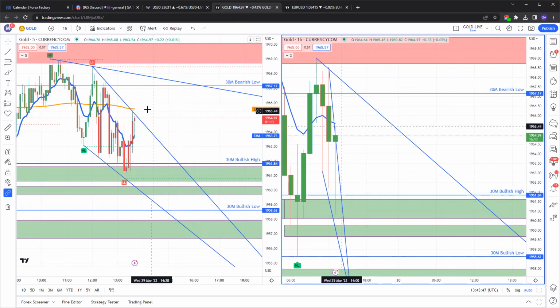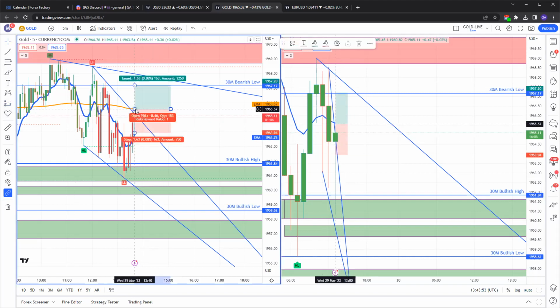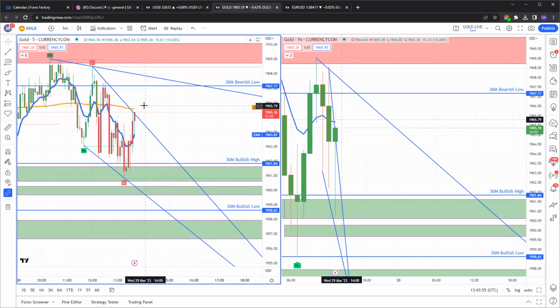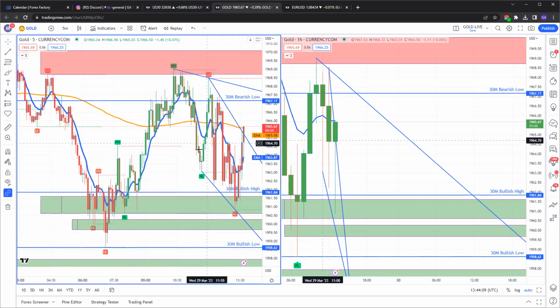So I'm not going to mark up. If anybody's looking for any sell on gold, this would be the sell on gold on the retouch of the 9 EMA. But I'm not going to mark it up because I'm not taking it. I don't see any trades for gold today. But a sell on gold would be right now, a quick sell. But I am not entering that trade personally.